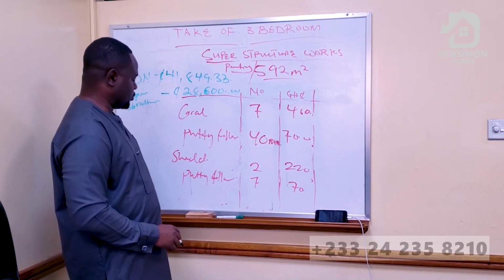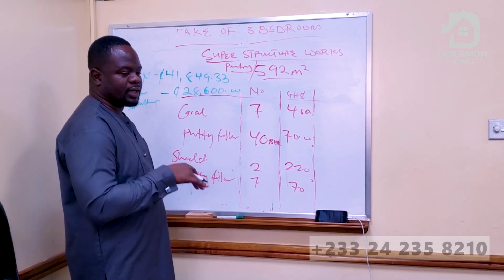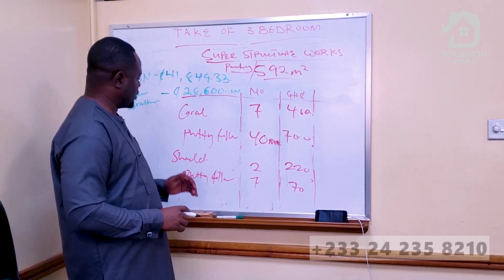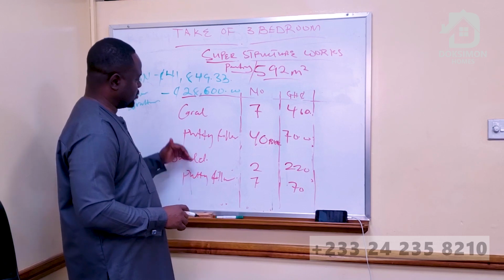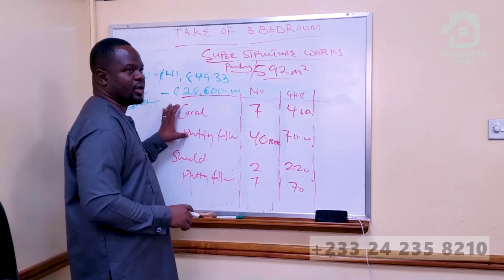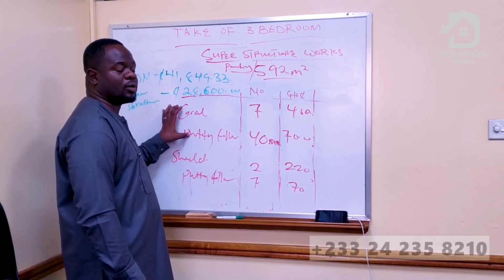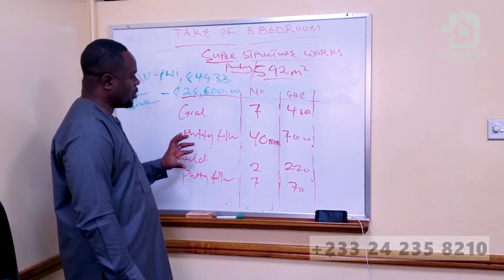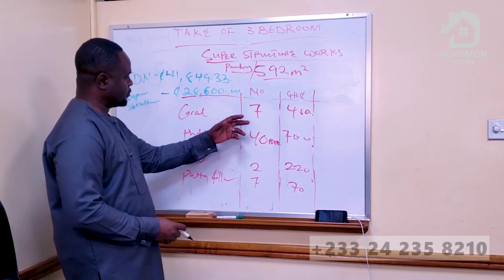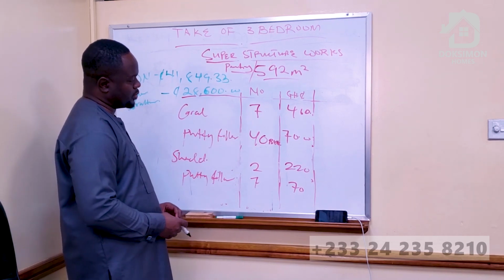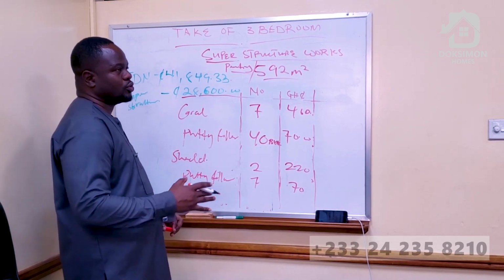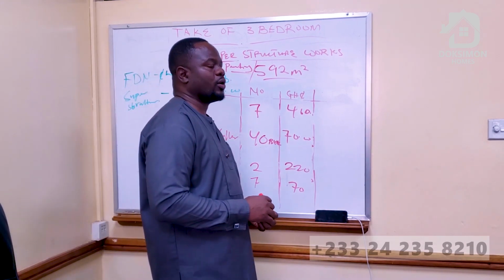Okay, so this gives us an idea of the painting works. This is for the ceiling, while this is for the area of the blockwork covers. So you'll be able to paint your house with these number of paints and also putty filler. It's also good to have all the holes sealed.